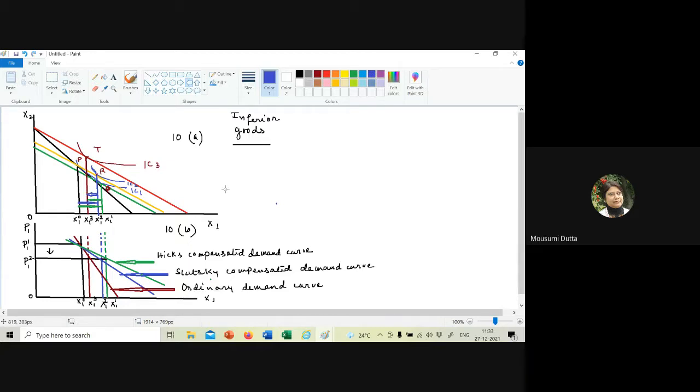This is Slutsky income effect. Blue for Slutsky, green for Hicks. And as you mentioned, absolutely right, substitution effect is stronger than income effect. The volume of the substitution effect, both in case of Hicks and Slutsky, is greater than that of income effects.